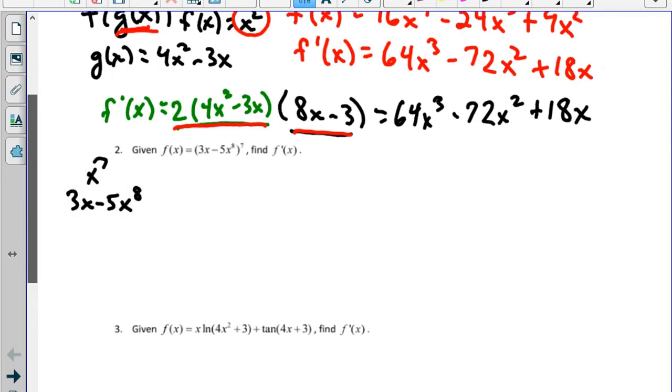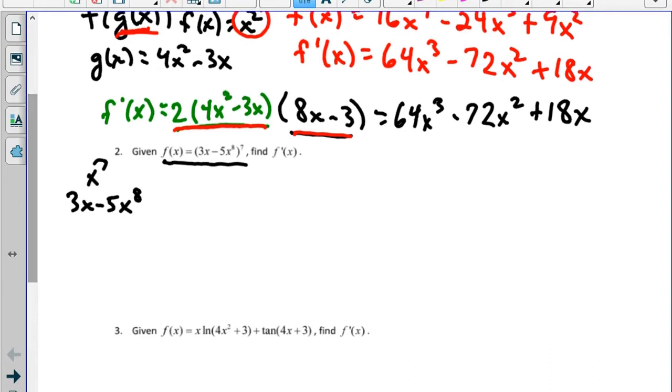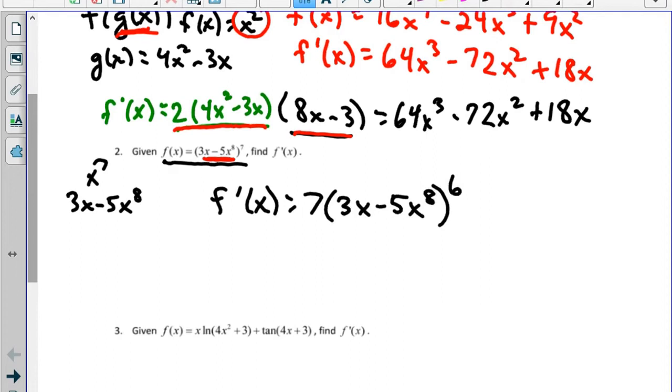So what I'm going to do here is take the derivative of the outer layer, so that's 7 times this thing to the 6th power. And then I'm going to take the derivative of that inner layer and multiply it to the end. So that ends up being 3 minus 40x to the 7th. So this is the derivative of this function.